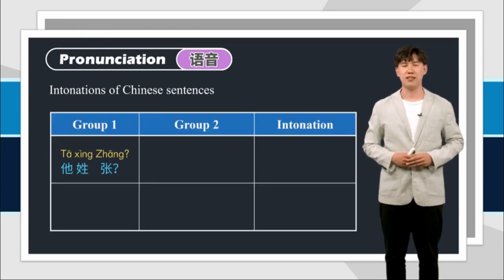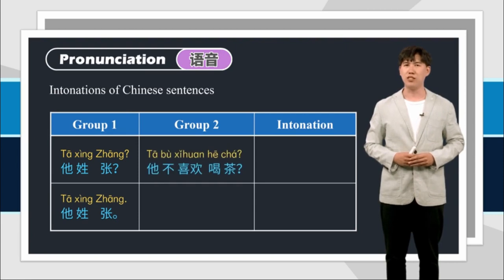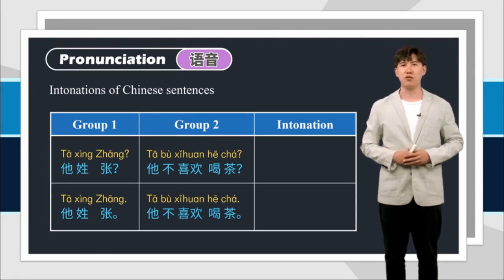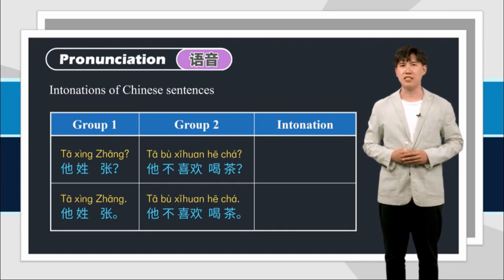Group 1. 他姓张，他姓张。Group 2. 他不喜欢喝茶，他不喜欢喝茶。As you can see, the characters of the sentences in each group are exactly the same, but the intonations are different, and therefore, the sentences have different functions.